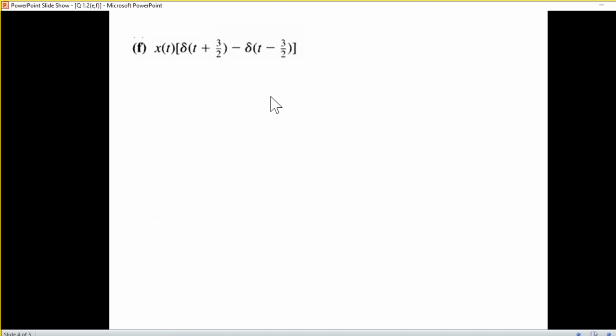Let's go to the second part. The second part has delta functions. To plot this part, I'm just drawing a scale. We know delta is a function which has value 1 at t equal to 0, and at all other places it is 0.